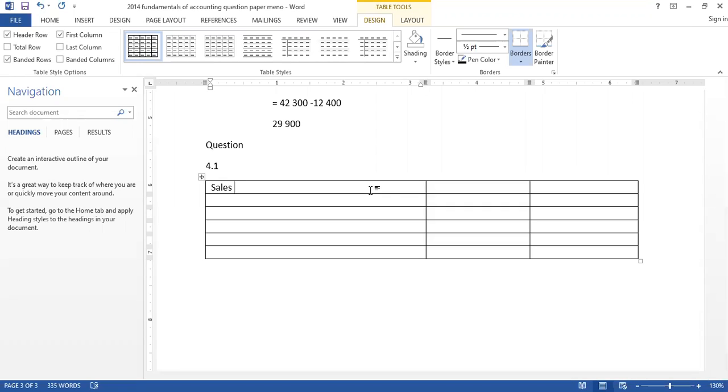We know that purchases is an expense, so expenses are on the debit side. The sales is the one on the credit side, which is 210,348,000.